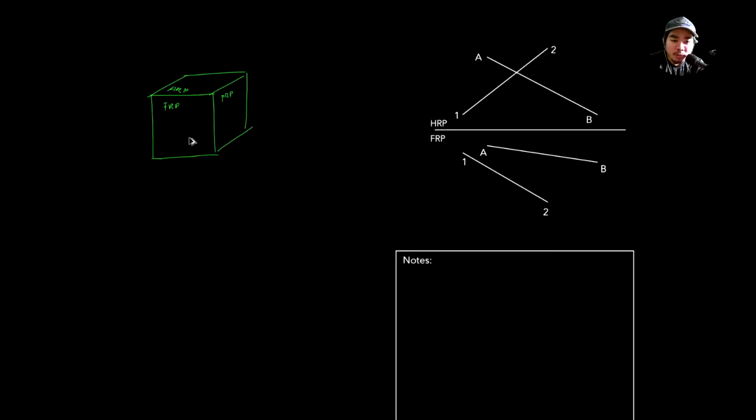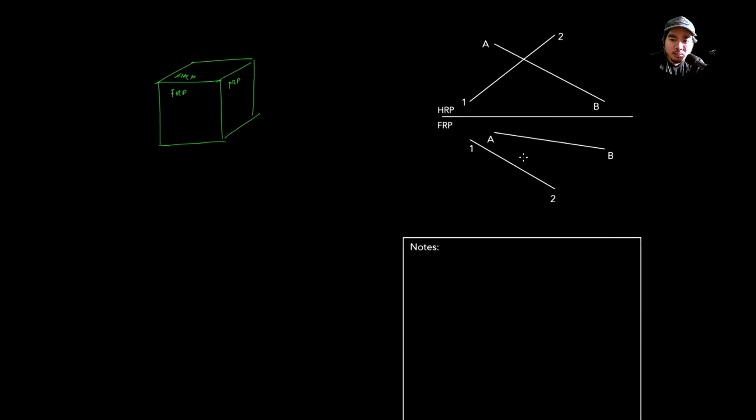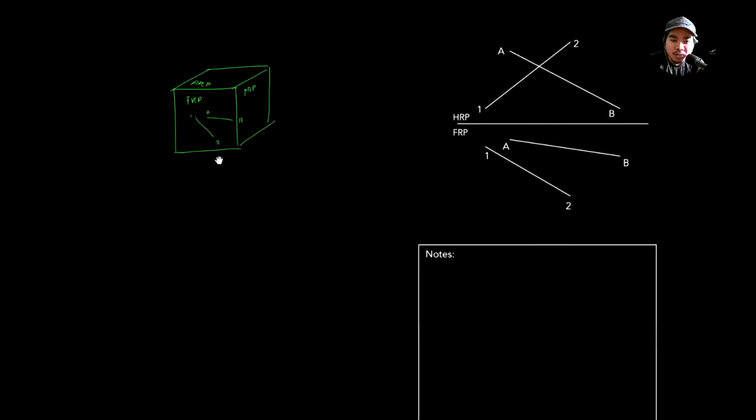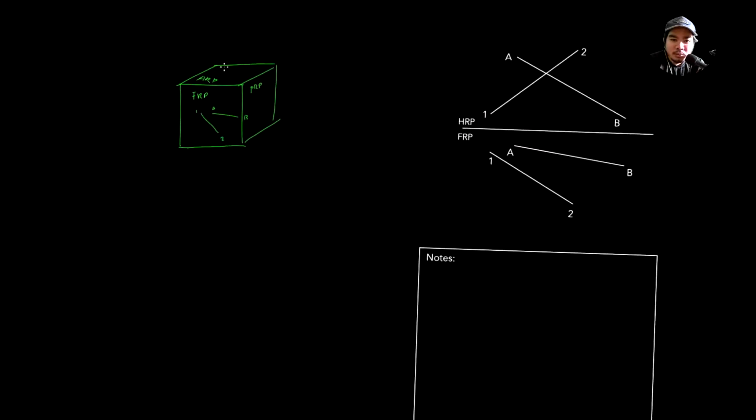Okay? So what we are actually trying to do is, itong two lines na to, itong 1, 2 and AB, nasa space siya. Parang naghahanap tayo ng view kung saan iniikot natin itong glass box such that etong 1, 2 and AB magla-line up sila.